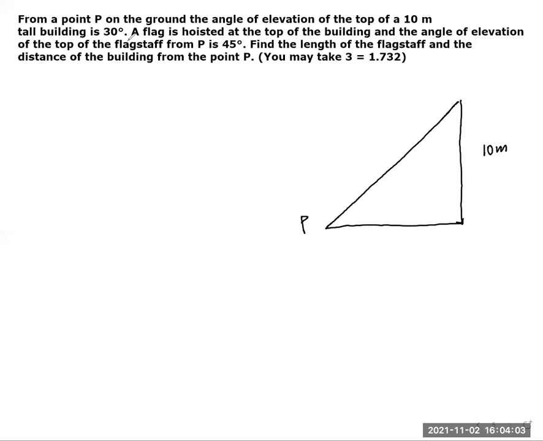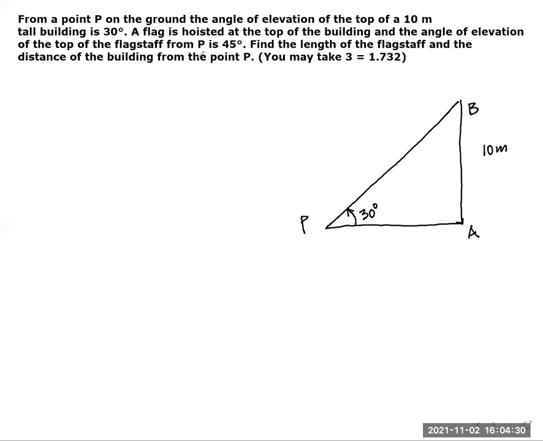From this point P, the angle of elevation is always upward. So this angle is 30 degrees. Though it looks bigger, we imagine this is 30 degrees. Let us say this is A and this is B.